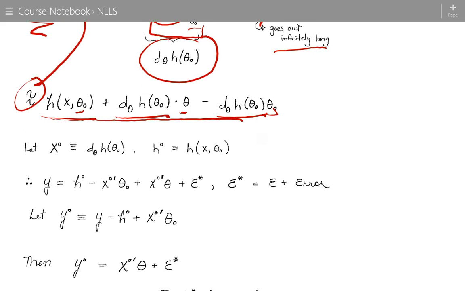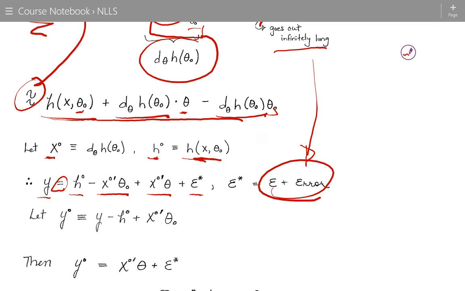Now, if we do some clever defining of terms here, and we call our derivative simply x naught, and our h we will call h naught, then I can rewrite it and say that y is h naught minus x naught times theta naught plus x naught times theta plus my error term. And if I wanted to keep the residual in there to state what it is equal to, we've got the total error.